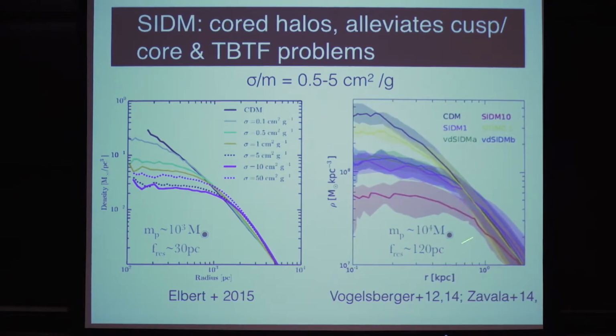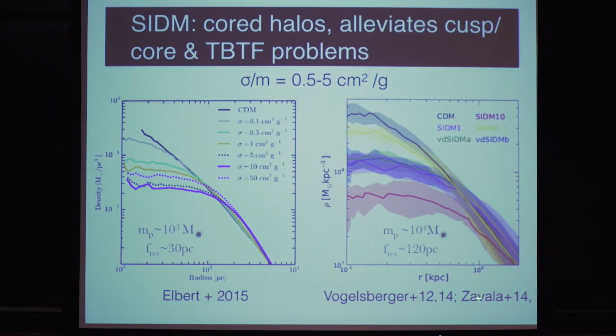This is what I mentioned. This was the model I was referring to. So Vogelsberger et al. have run a series of models where they've actually looked at cross-sections that vary with velocity. And so these are just different models that they've studied, self-interacting dark matter models that have velocity-dependent cross-sections. But you qualitatively get the same thing: if the model has a high cross-section at the velocity dispersion of the Milky Way, about 100 kilometers per second, then you get big cores in Milky Ways.